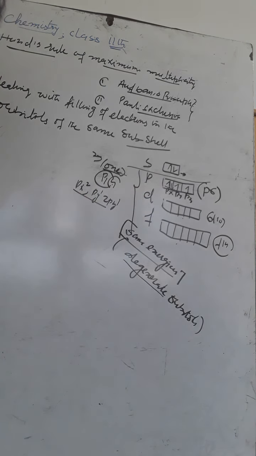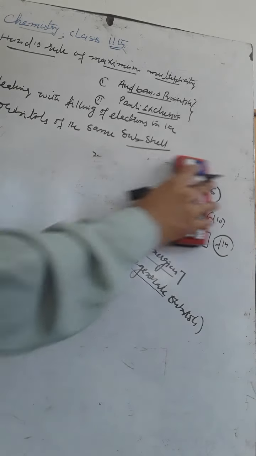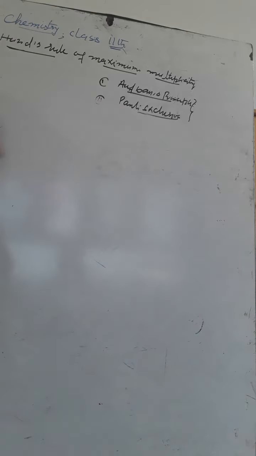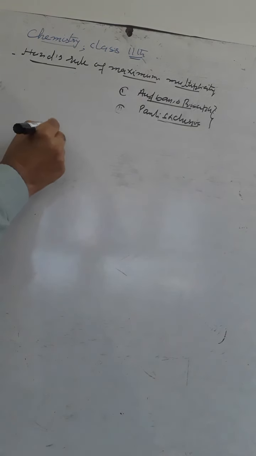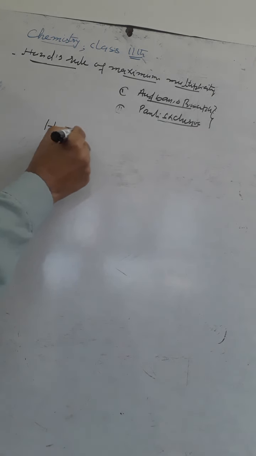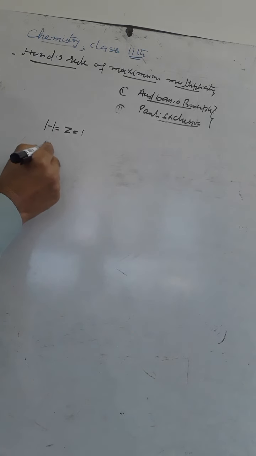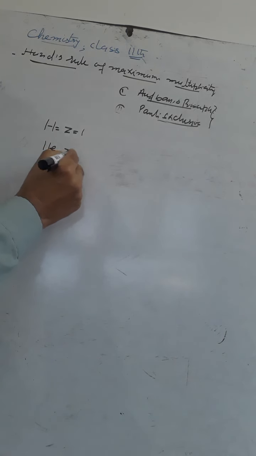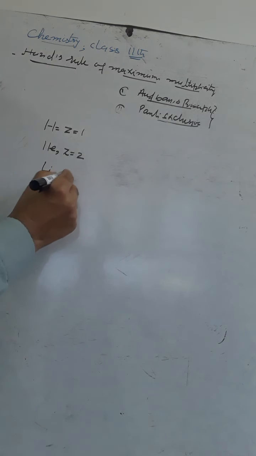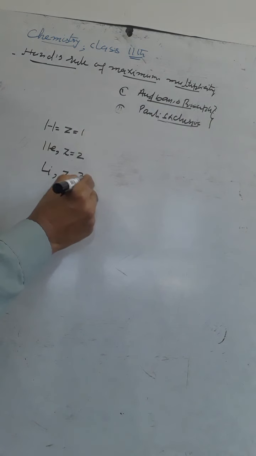To explain Hund's rule, let me quote the examples right from hydrogen. Hydrogen, with atomic number 1, we have helium, atomic number 2, we have lithium, atomic number 3.